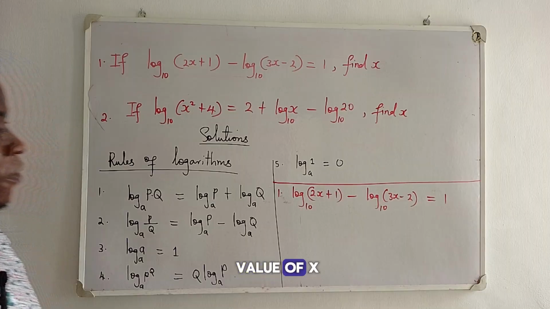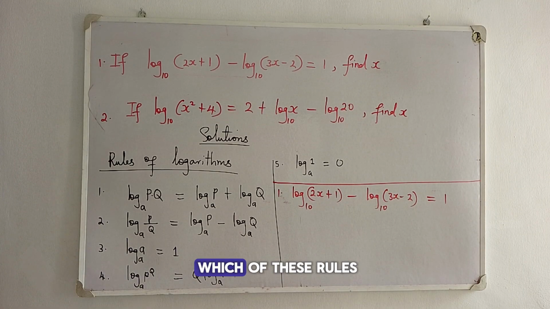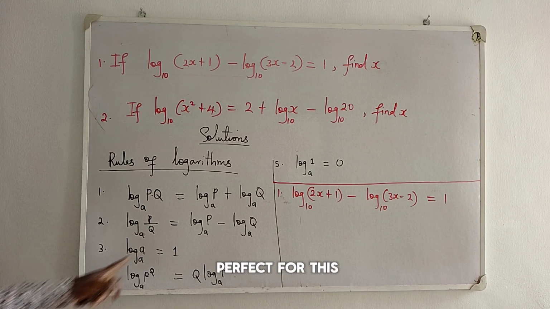To find the value of x, we have to look at which of these rules we are going to use. If you check very well, rule number 2 is perfect for this.